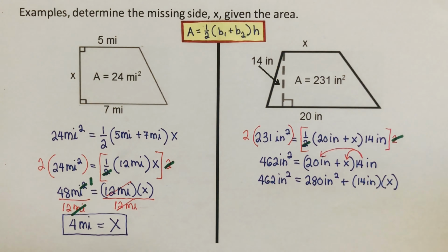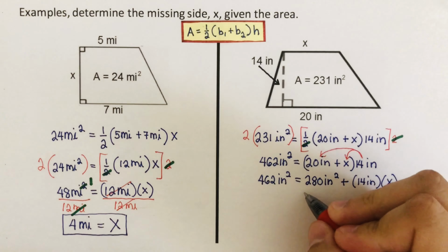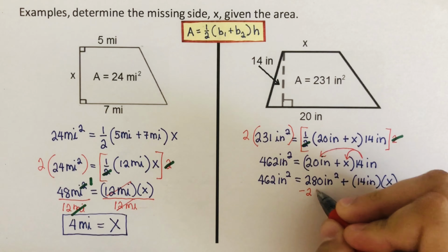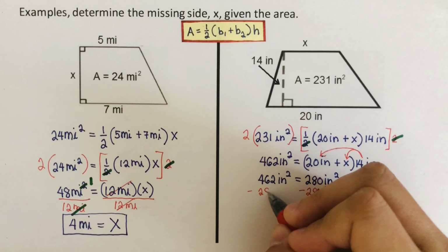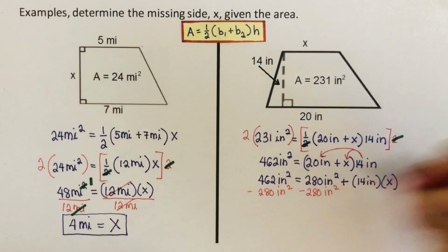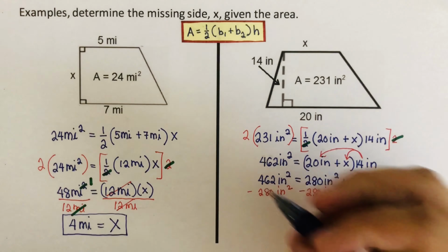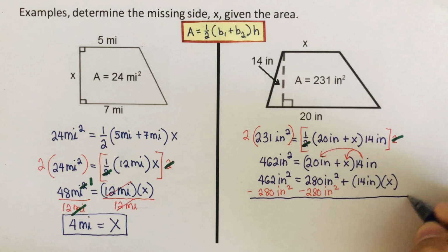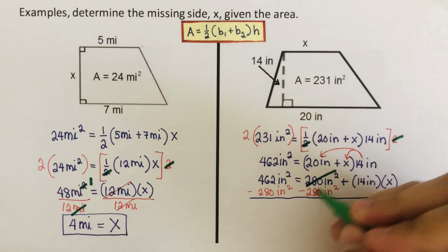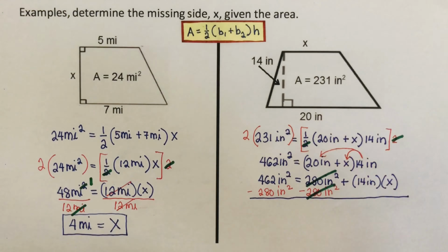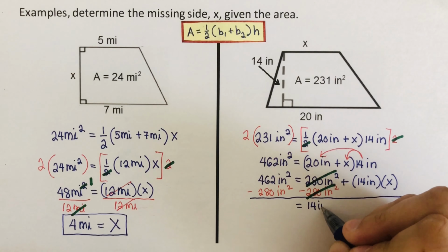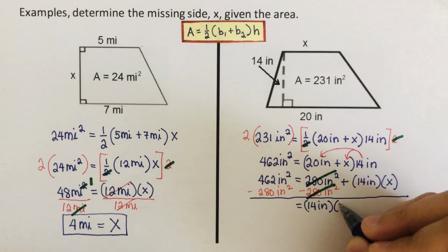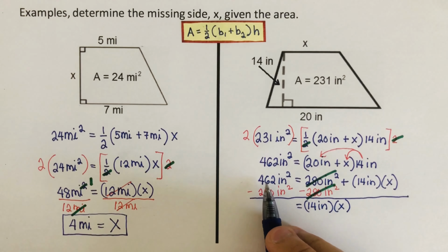So then we want the x, so we are going to subtract both sides by 280 inches squared. So we can cross the 280 and 280 inches squared out. So we're left with 14 inches times x. Then we subtract these two together.